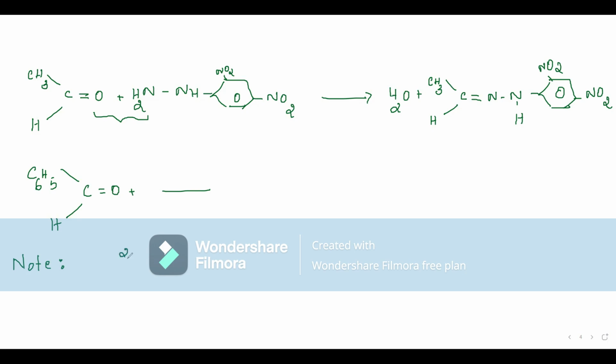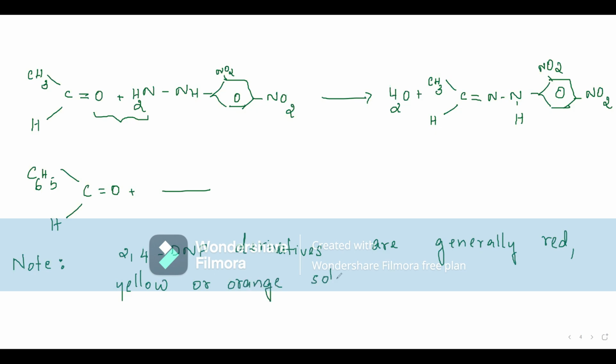So let us write that down. 2,4-DNP derivatives, that is hydrazones, are generally red, yellow, or orange solids.